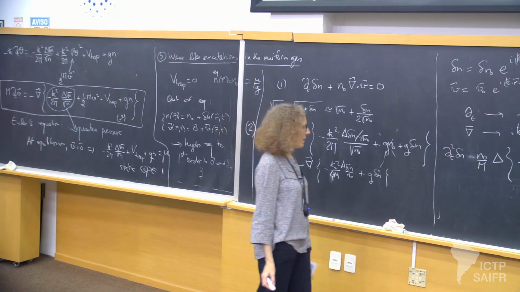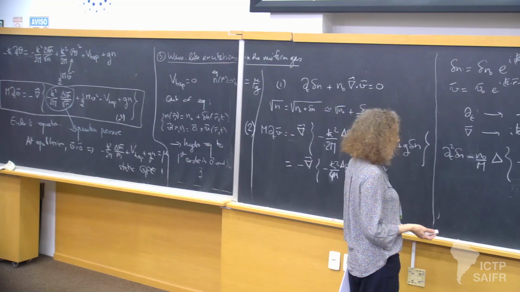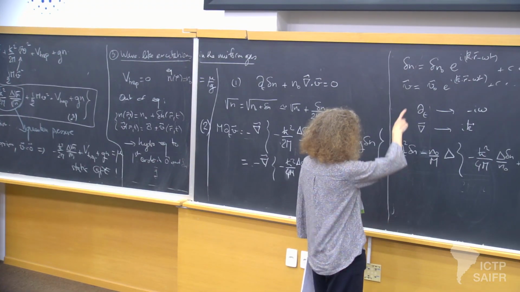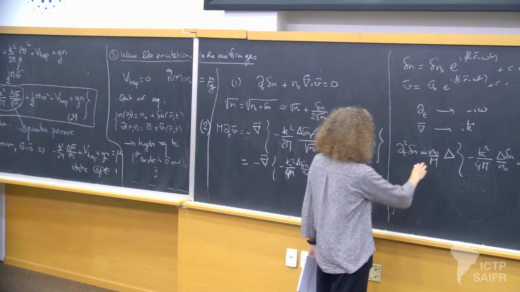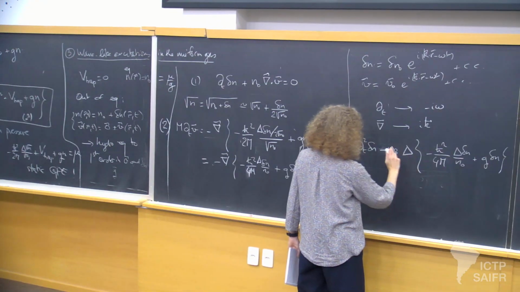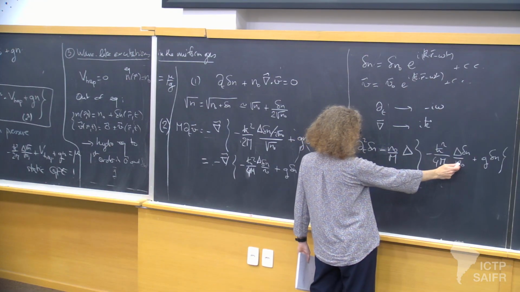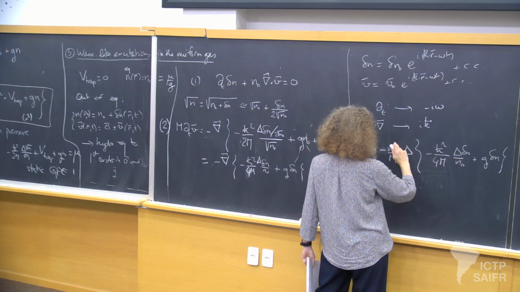Perfect. So now I replace everything by these expressions. And I will notice that I have n0 here and n0 here, so they will cancel. And here I have n0 and g.